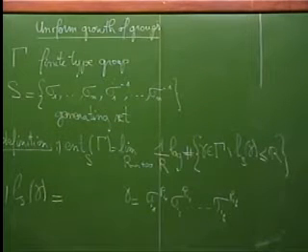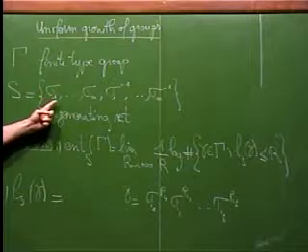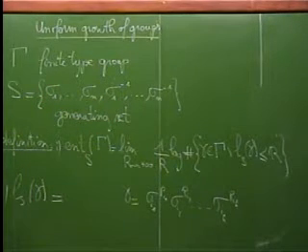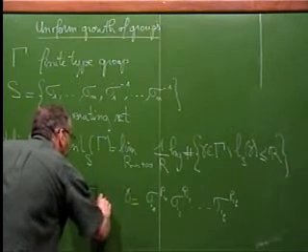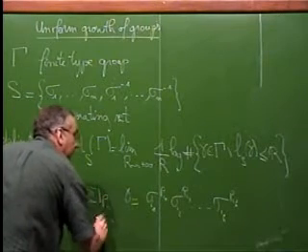Then the length attributes length 1 to all elements of the generating set. So the length of this element should be the sum of the absolute values of the p_i.